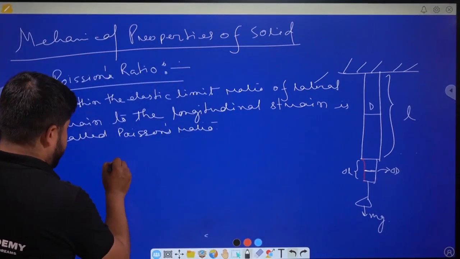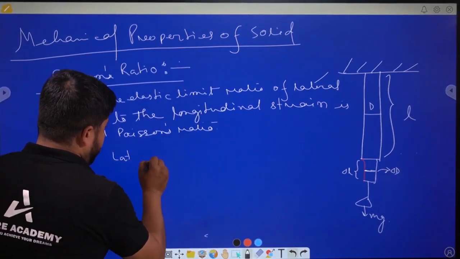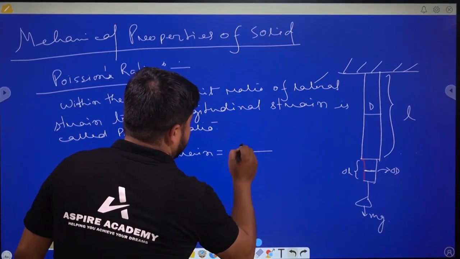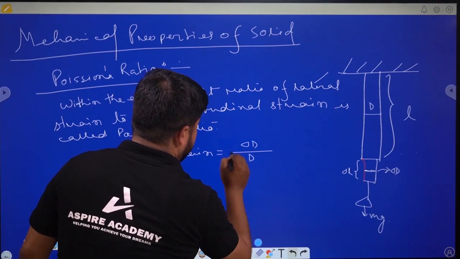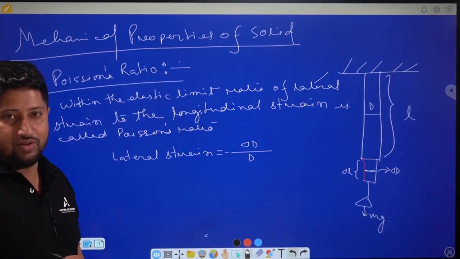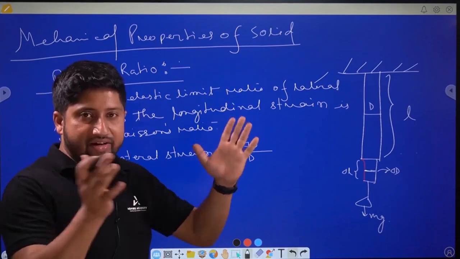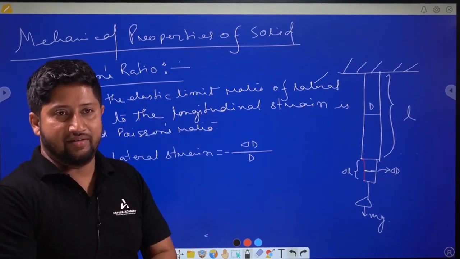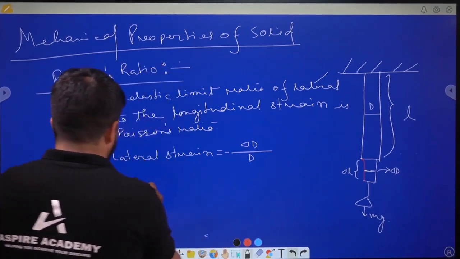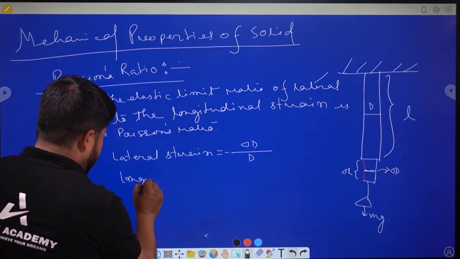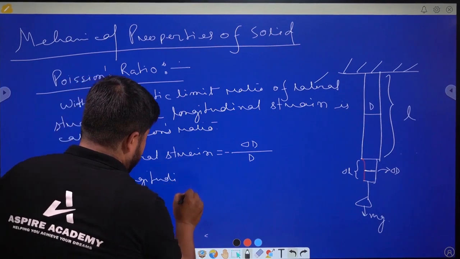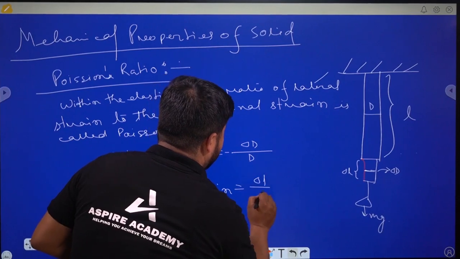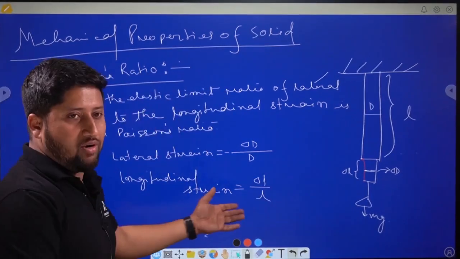A negative sign is given here because increasing the force decreases the diameter. Longitudinal strain is equal to del L by L, which we already know.